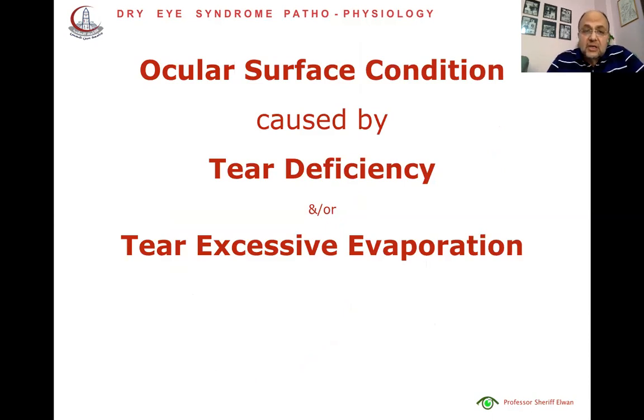What is dry eye syndrome? By definition, dry eye syndrome is an ocular surface condition caused by tear deficiency and or excessive tear evaporation. That is, it might be a mere tear deficiency, or a mere excessive evaporation, or a combination of both.